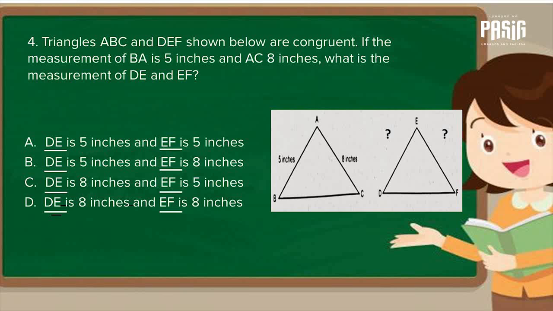B. Line segment DE is 5 inches and line segment EF is 8 inches. C. Line segment DE is 8 inches and line segment EF is 5 inches. D. Line segment DE is 8 inches and line segment EF is 8 inches. And the correct answer is B.